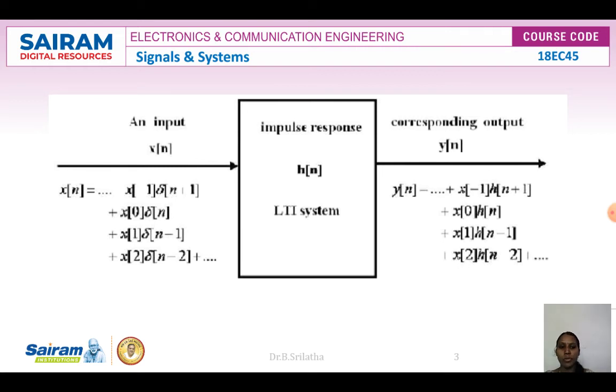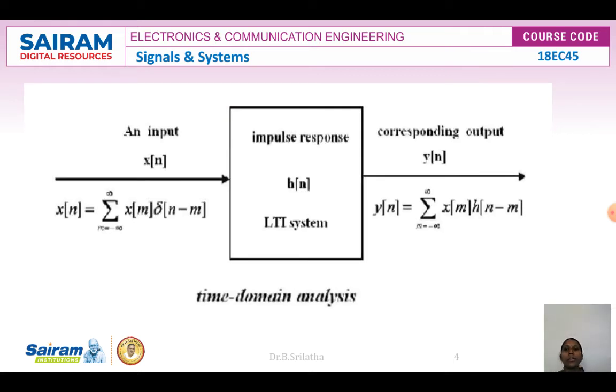It is the same thing we used for the first one, but here we are convolving the input signal with the delta impulse function to get the impulse response h of n. Once you know the impulse response h of n, the convolution of the impulse response h of n and the input x of n will give the output of this system.